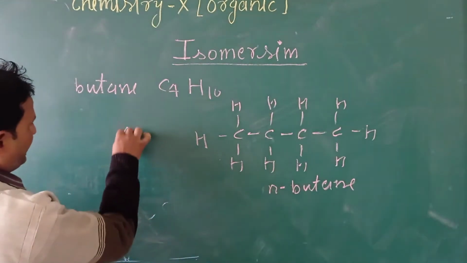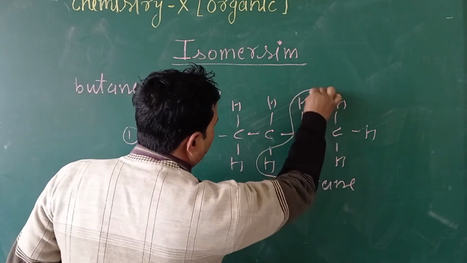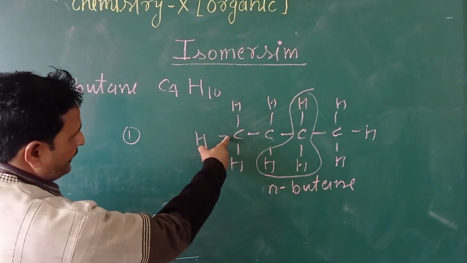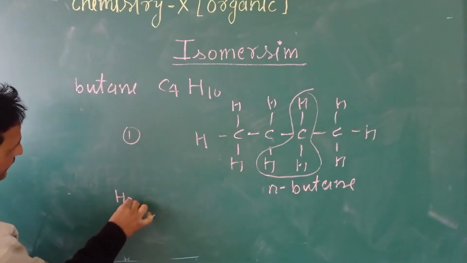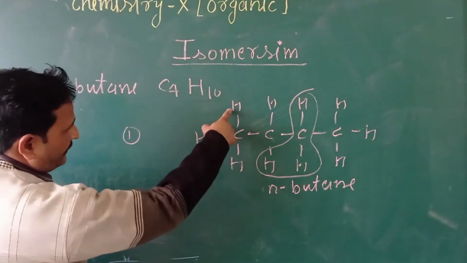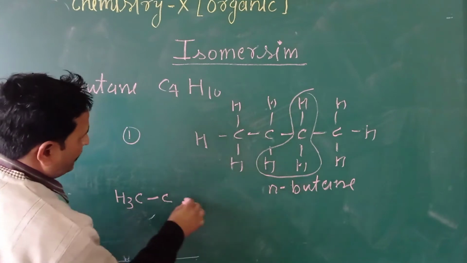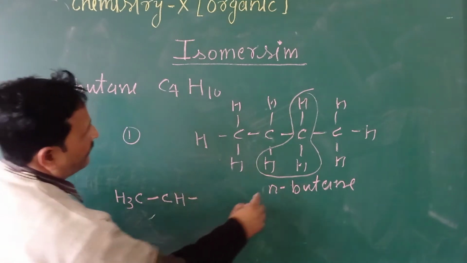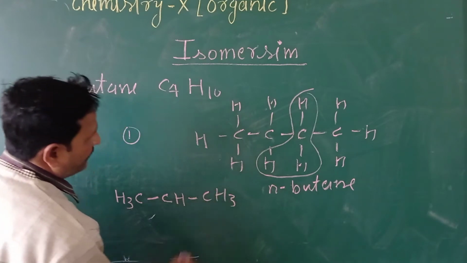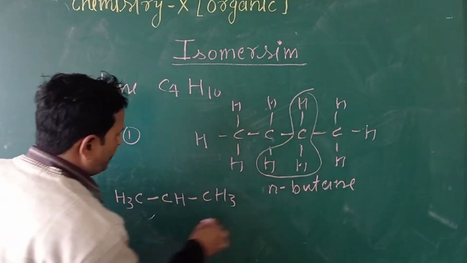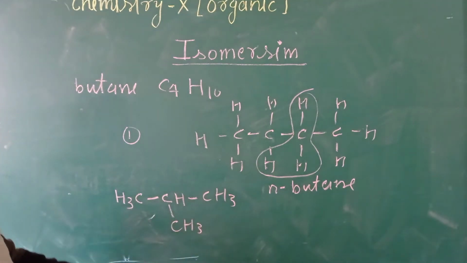Now, for the second one, if you remove one carbon and 3 hydrogen, here we have H3C, carbon, 1 hydrogen. Now the carbon and 3 hydrogen you attach here as CH3.